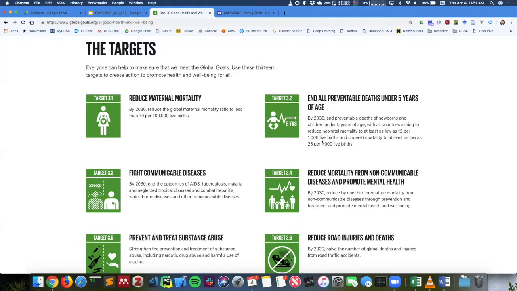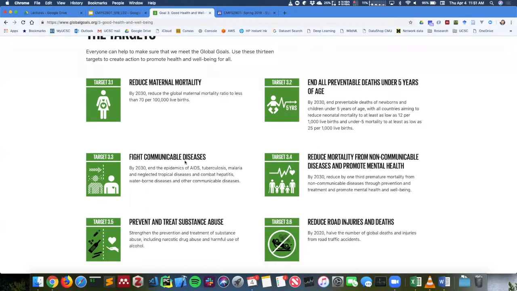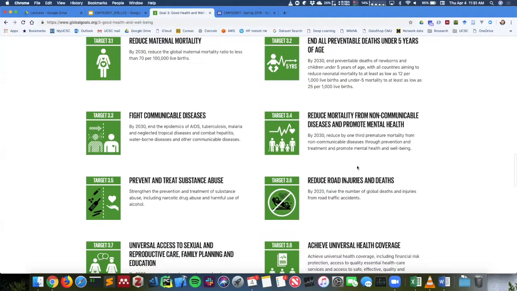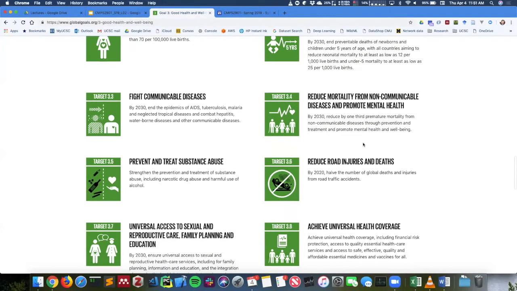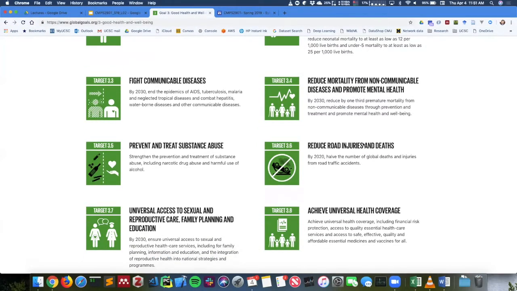Some of these are in health, like fight communicable diseases, mortality from non-communicable diseases. And if we go into each and every goal, we will see that there's a good list of targets. Now, what I want to explain is that when we are thinking of a solution, coming in from a machine learning background, you will have certain tools in your hand.